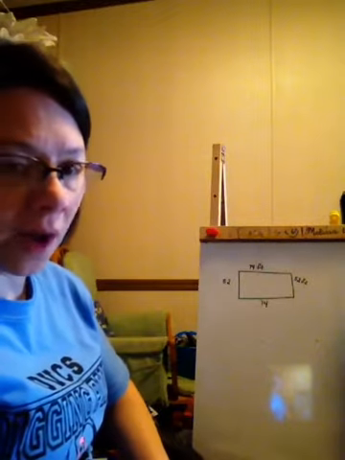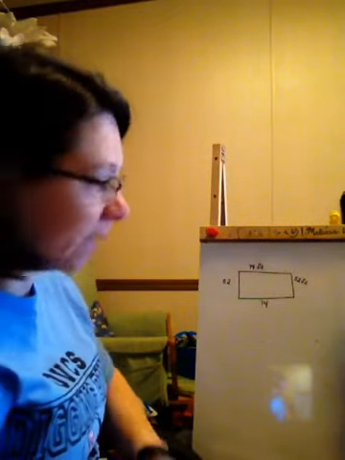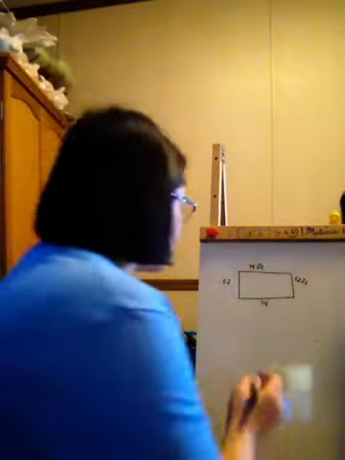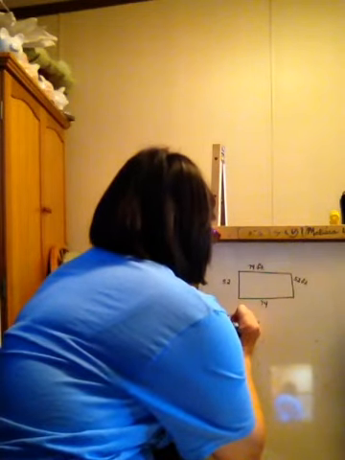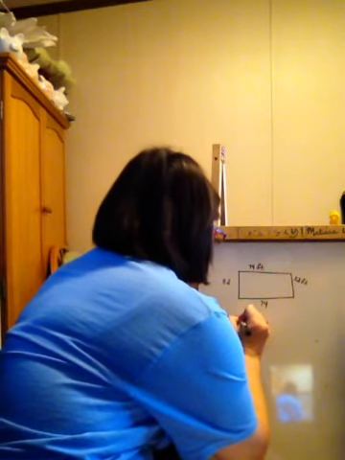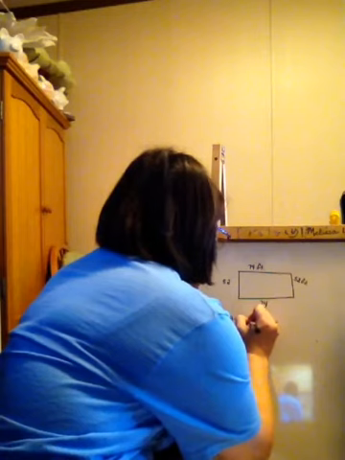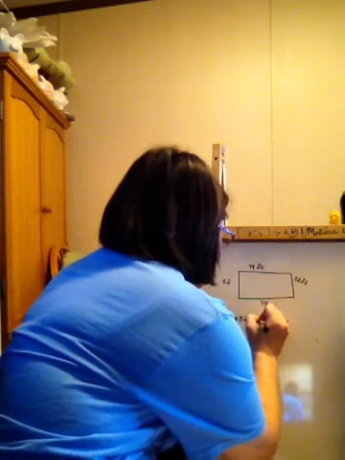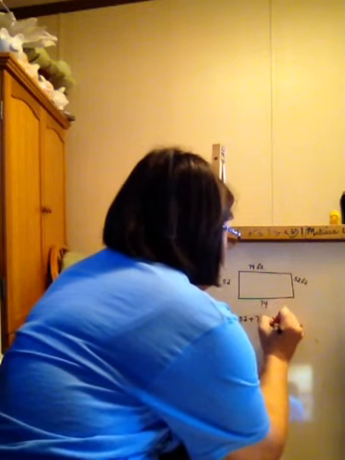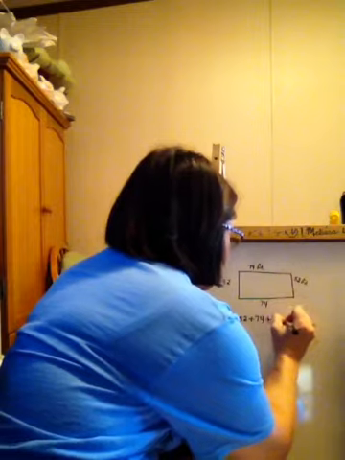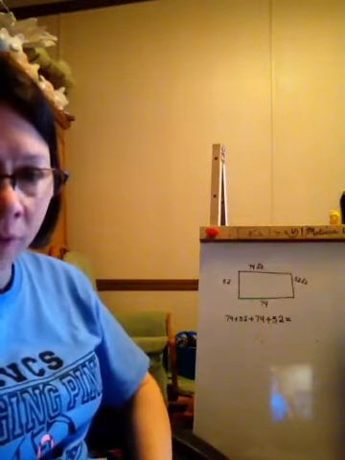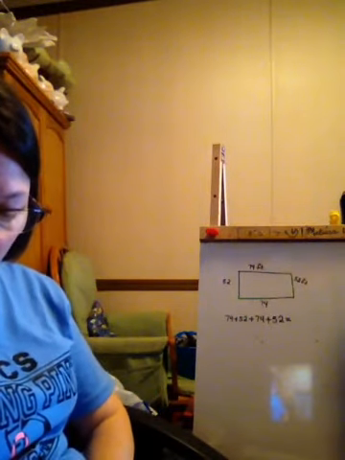And if we're going to find the perimeter, we need to add up all the sides. So you would say 74 plus 52 plus 74 plus 52. Now, when we add all of those up together, what do we get?